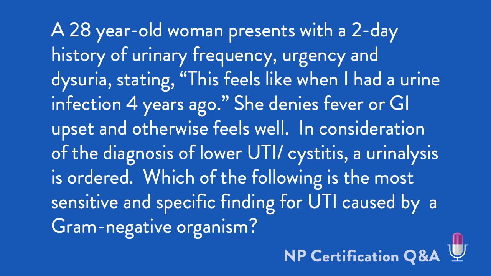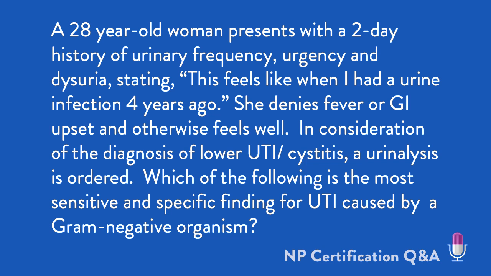In other words, looking at the two parameters that describe the accuracy of a test. I have another podcast talking about sensitivity, specificity, true positive, true negative, etc. And if you need more information on that, please access that Q&A podcast. With that in mind, let's take a look at the question and the proposed responses.